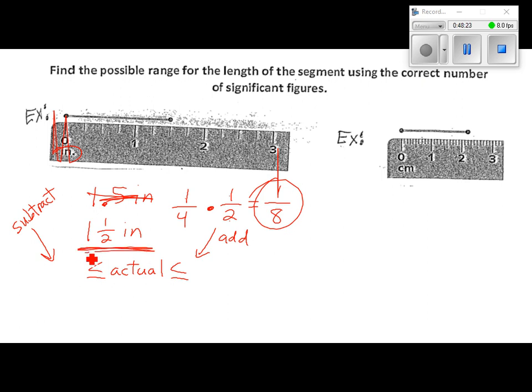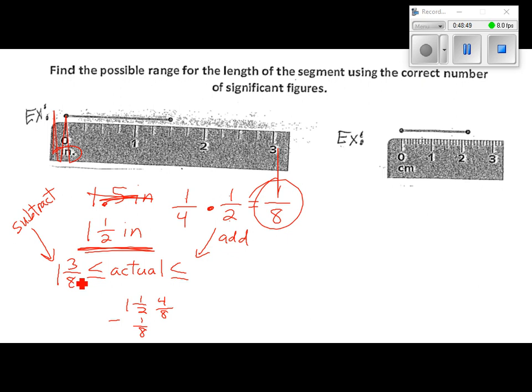What's 1.5 minus 1/8? Anybody know how to do that? Takes 1.5 minus an 8. How many eighths are there in a half? 4. What's 4/8 minus 1/8? So 1 3/8 inches. That's as low as it could be.